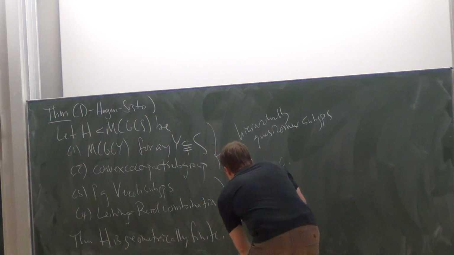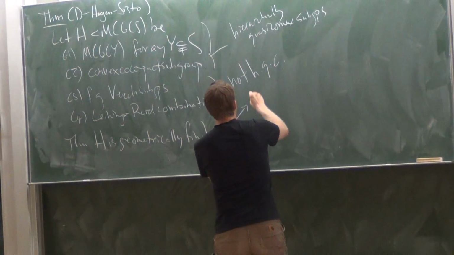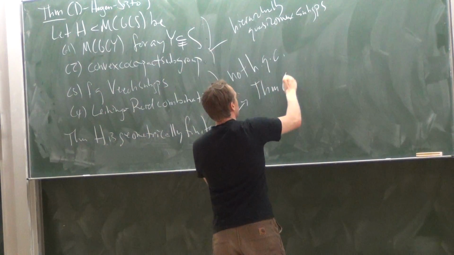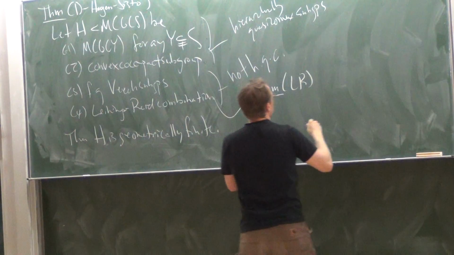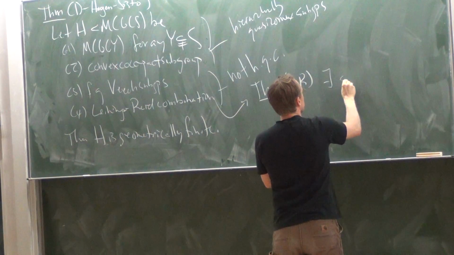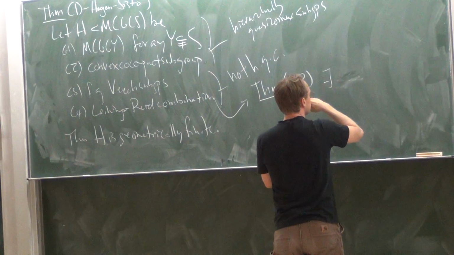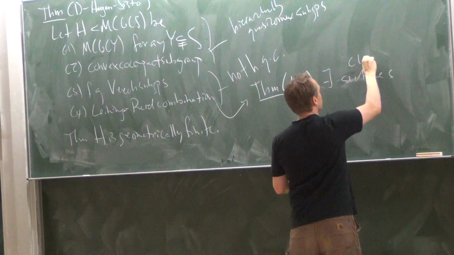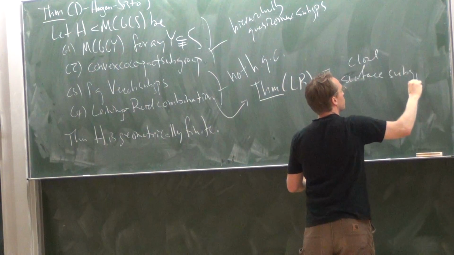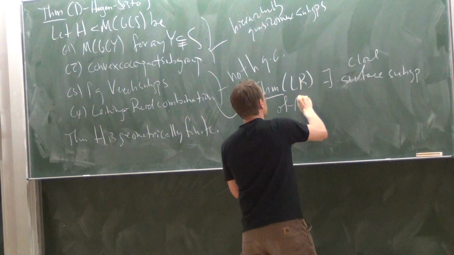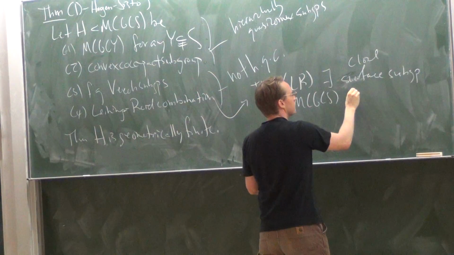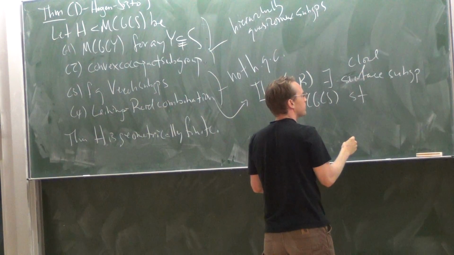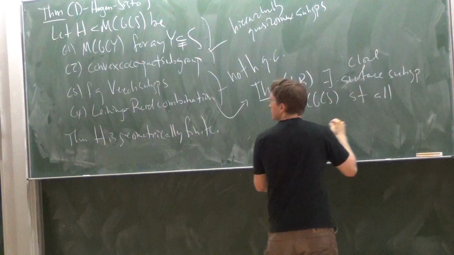The really nice thing about these guys is that there's this surface subgroup, a closed subgroup of the mapping class group, such that all but one conjugacy class is pseudo-Anosov.